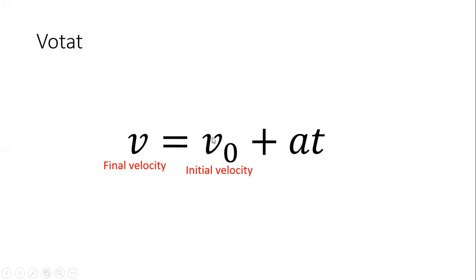That's why there's v sub zero here. You can mostly find this formula with v sub zero or v sub o. Then plus a, which is acceleration, and a is multiplied by t, which is time. So these variables, yan yung mga meaning nila.